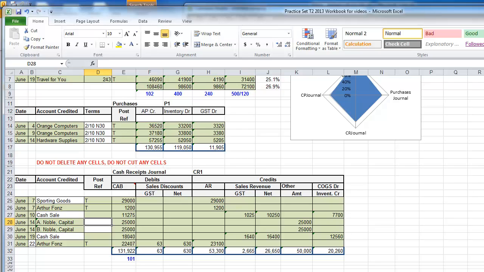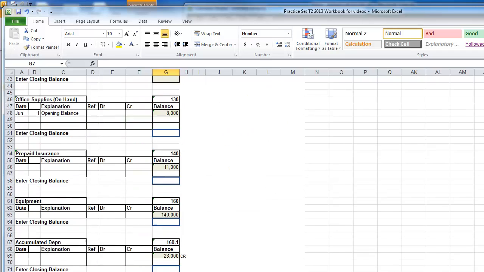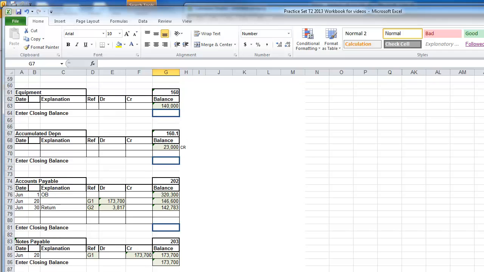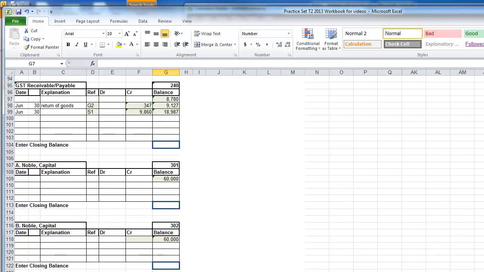So we'll need to go to A Noble Capital, and there's $25,000. So general ledger, A Noble Capital. June, well actually I can't remember what the date was. Now this was a receipt, I think, so this will increase A Noble's capital.